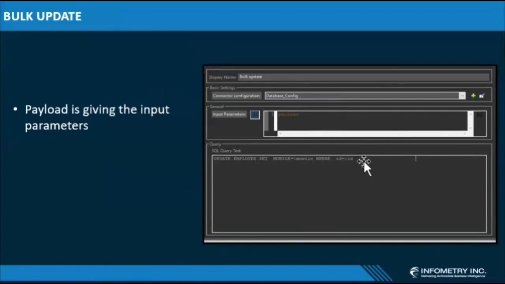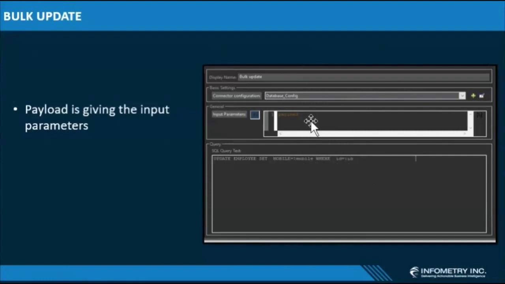Earlier, we were passing ID and mobile as a single object, so we were about to update only a single record. Now we will be having ID and mobile as key value pairs in multiple objects. Earlier it was only a single object and it was about to update a single record.